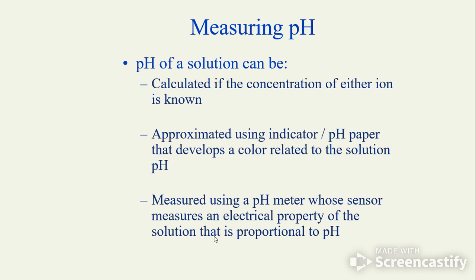This is not accurate, but it gives an approximate number or value of pH. Then it can also be measured using a pH meter, whose sensor measures an electrical property of the solution that is proportional to pH.